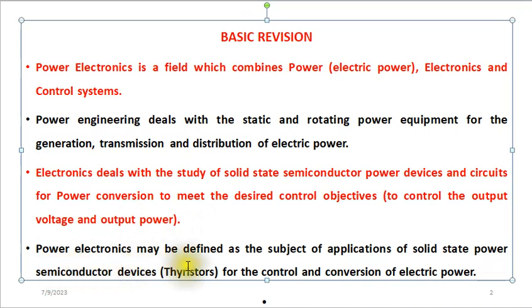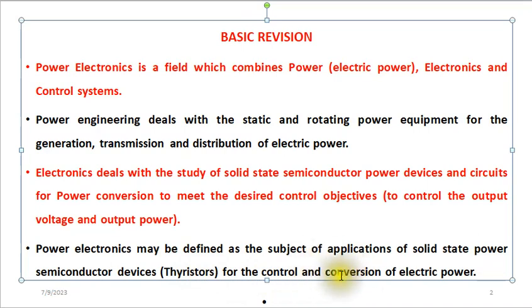Power electronics can now be defined, if we combine the above, as a subject that deals with the application of these solid-state power electronics devices. We generally call the family thyristors. We are going to see more details. They are used for the conversion and control of electric power.